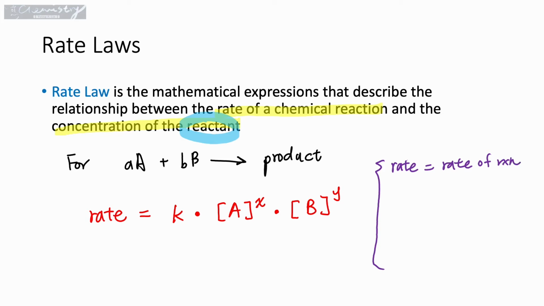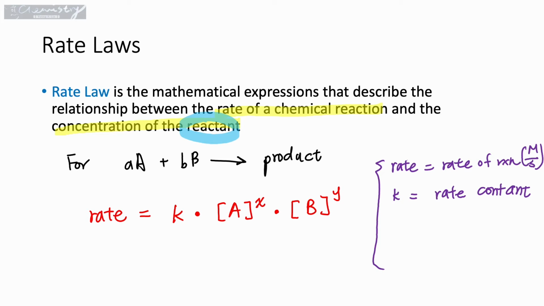And by definition, its unit is going to be molarity over seconds, right? Concentration over time. k is a proportionality constant, so we also refer to it as the rate constant. We are going to be looking more into this rate constant later.